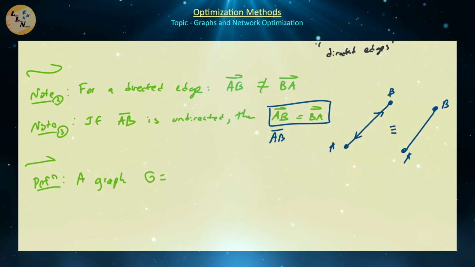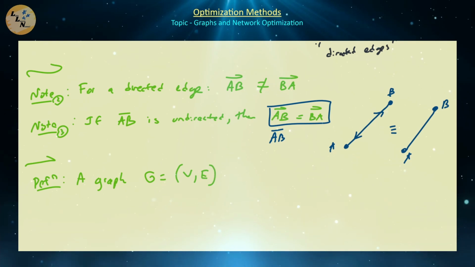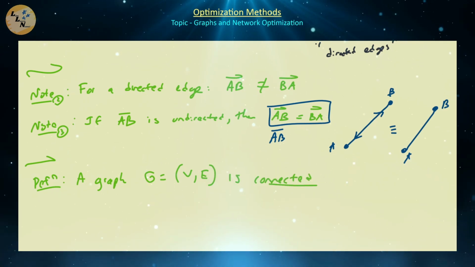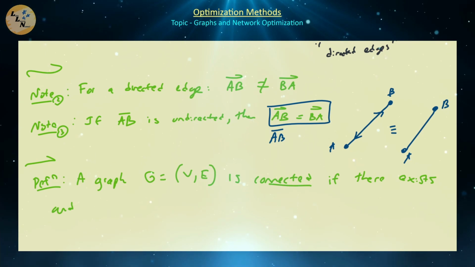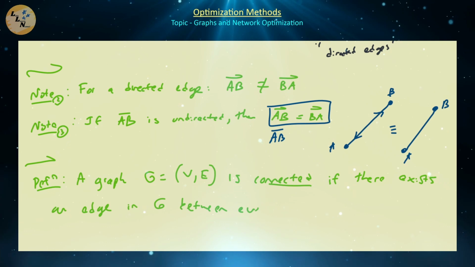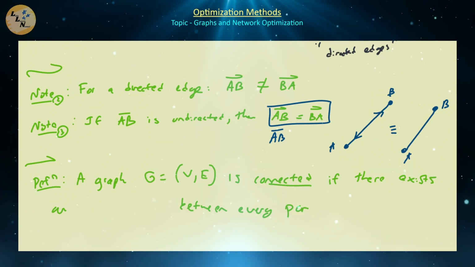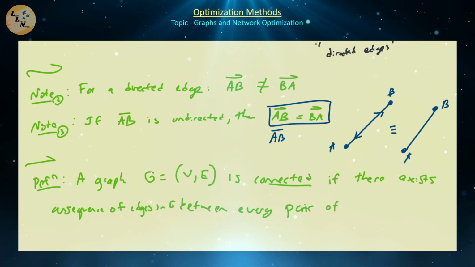A graph G with vertices V and edges E is said to be connected if there exists a sequence of edges in G between every pair of vertices in V.